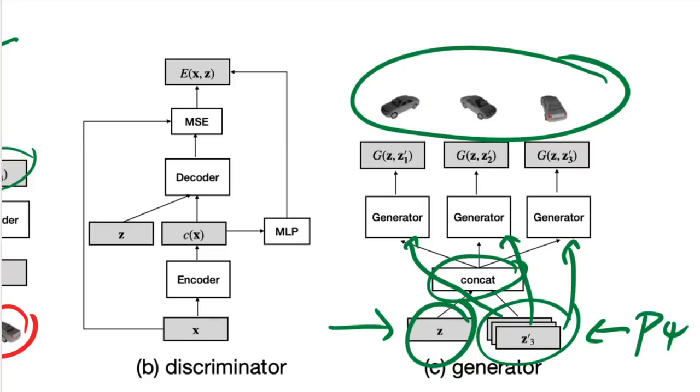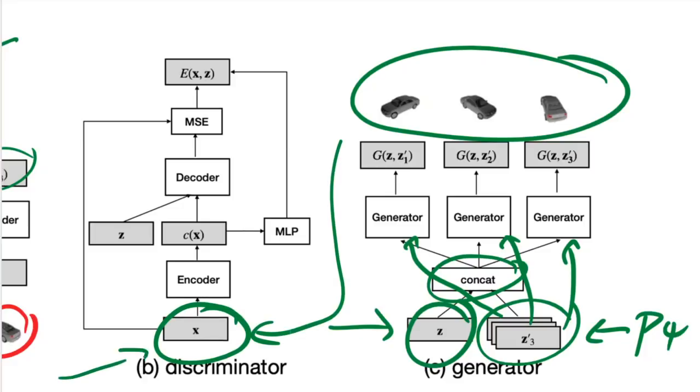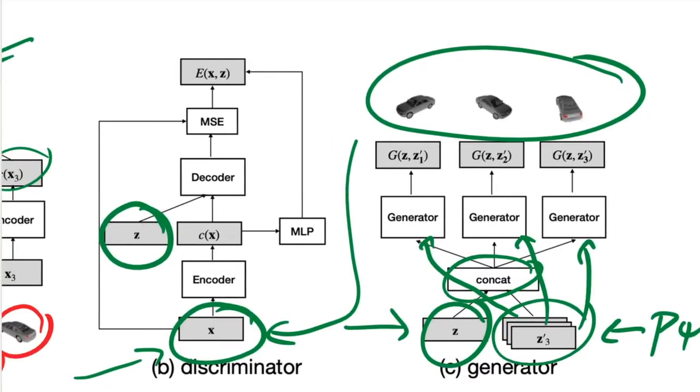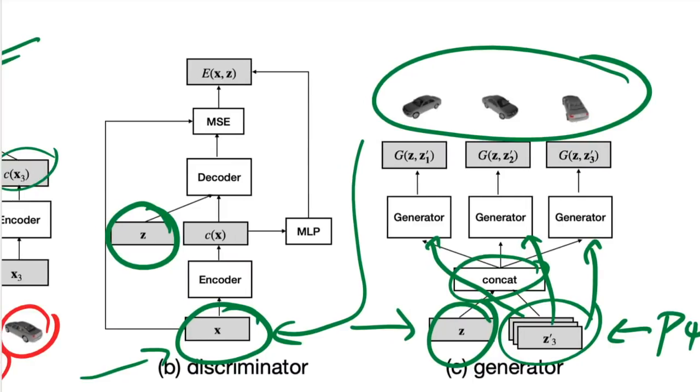So the discriminator is going to take also two inputs. It's going to take this set right here, or from the dataset, and it's going to take this Z right here. Now this Z is going to be the set identity, and that you get from the encoder, right?